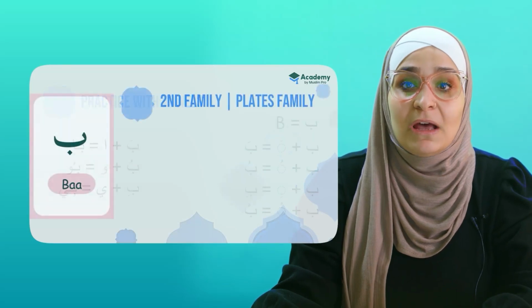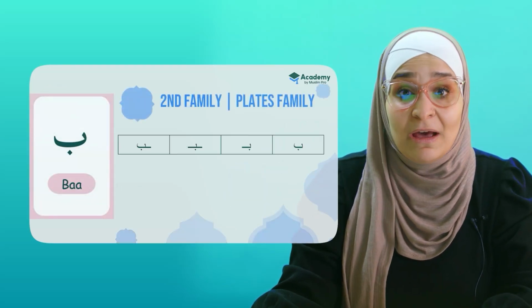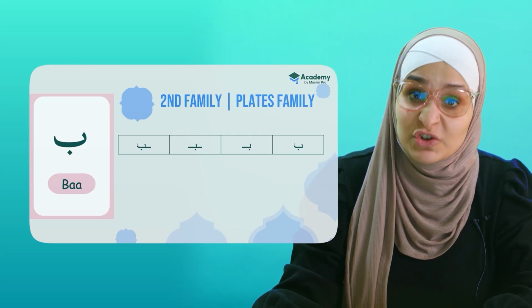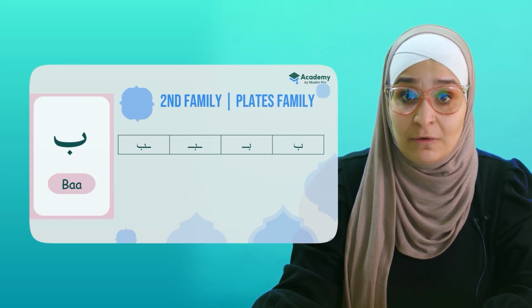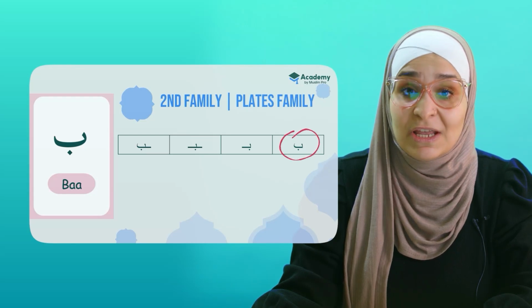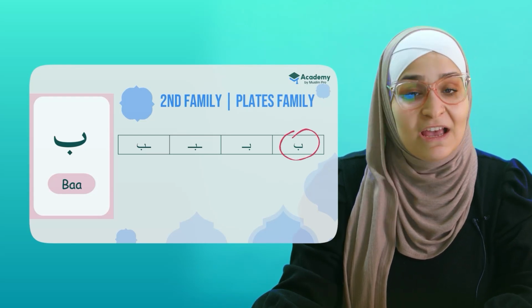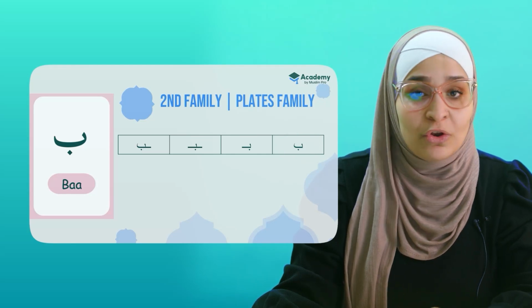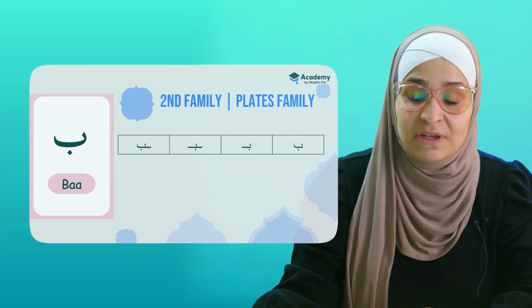Let's have a look at how we connect the ba and how it has 4 positions, 4 shapes according to the position of the ba in the word. If the ba is in its independent position, as you can see on the right, it is a plate with no connection on the right or on the left side.